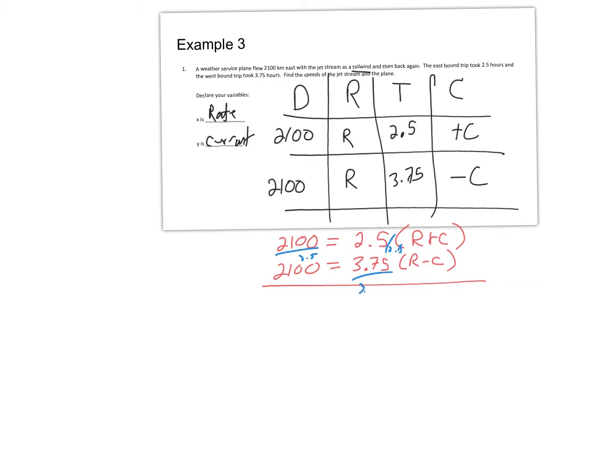We're going to divide this by 3.75. Okay, so 2,100 divided by 2.5 is going to be 840. And 2,100 divided by 3.75 is 560.